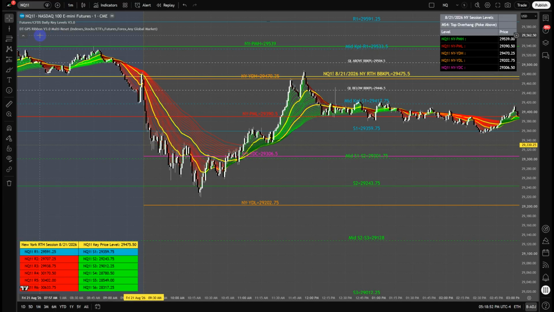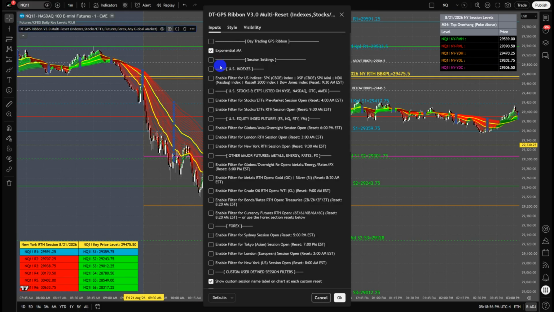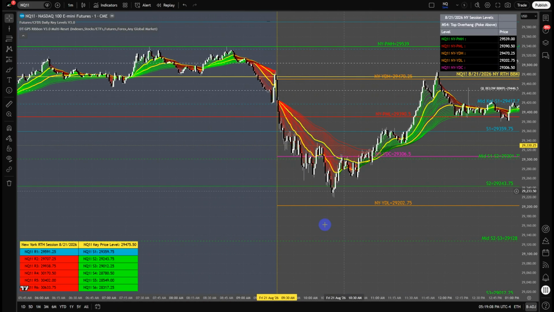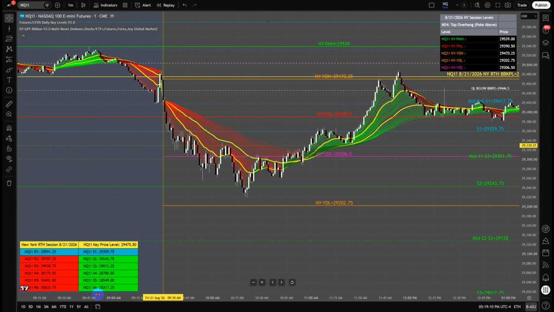Now, if we put on the reset filter for the 9:30 a.m. open for U.S. equity index futures, then you can also see with the filter on that right at the open you're seeing the continuation of the bearish momentum.